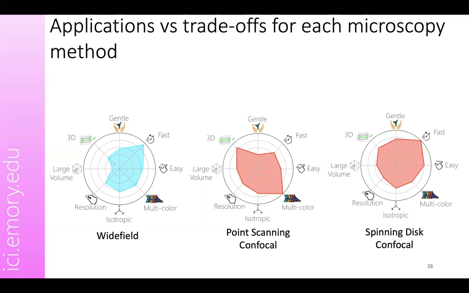So this schematic can give you an idea as to what method to approach. At the same time, reach out to us. This is why we are here. We really want to make sure that you are using the right methods and the right microscopes for your applications, and we can talk about that.